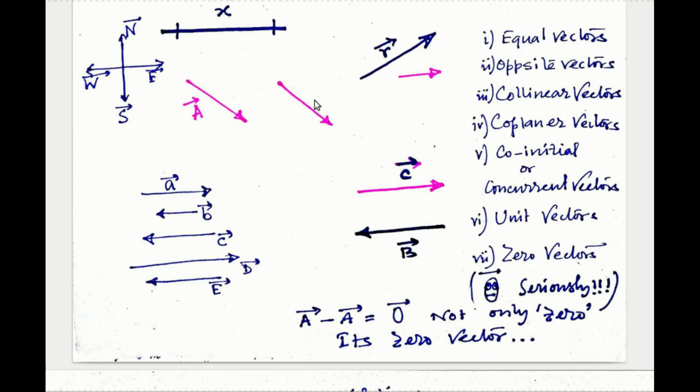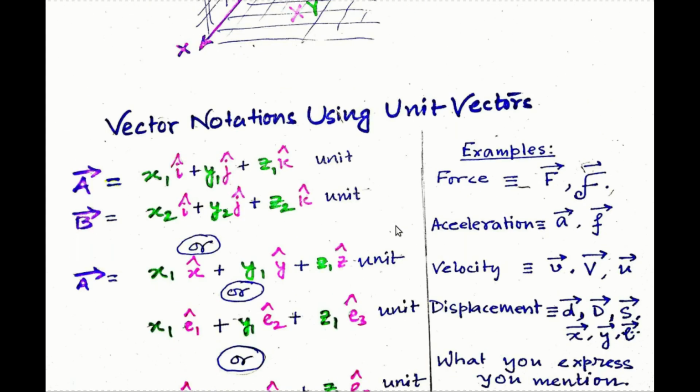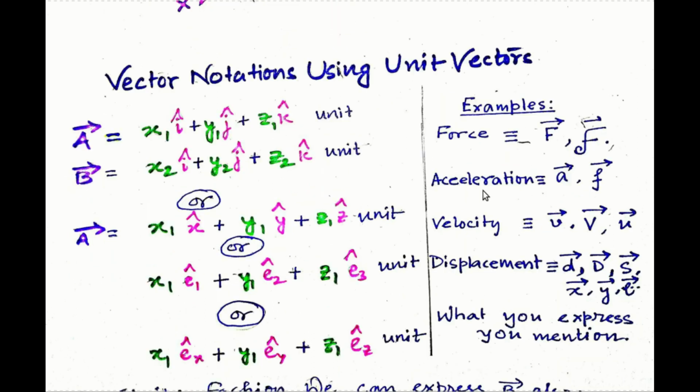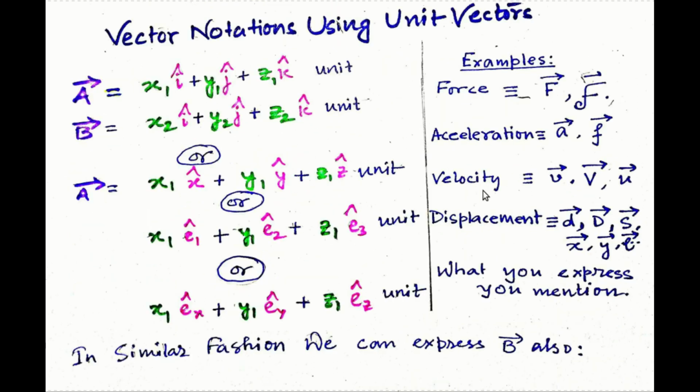If we are talking about a force, the other vector should be a force. We will learn in the upcoming lectures the significance of similar kinds of vectors and dissimilar kinds of vectors, while discussing the addition and subtraction of two or more vectors, whether they are all forces or all accelerations.